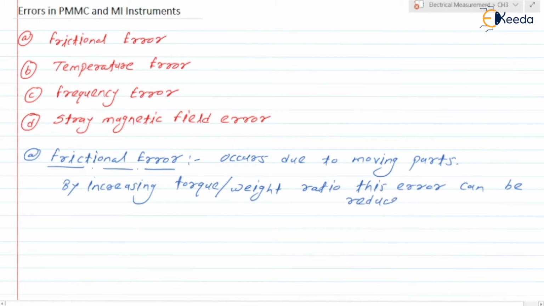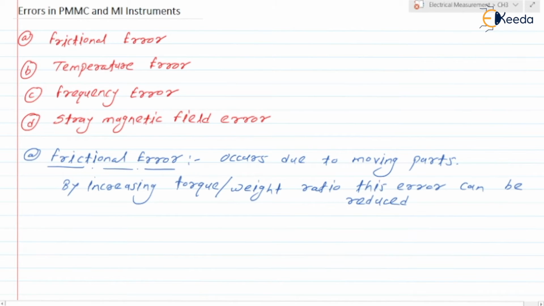Now if you compare the moving coil and the moving iron instrument, in which instrument will this error be more? In the PMMC we have a moving coil, whereas in the MI instrument we have a moving iron, that is a piece of iron or a disc of iron. Definitely the weight of the moving coil will be more compared to the iron piece, because in the moving iron we have a very small iron disc.